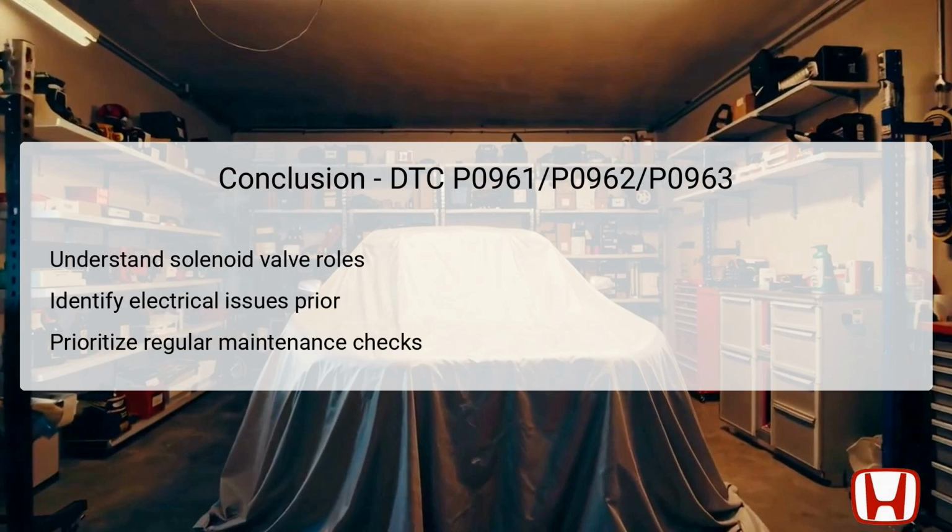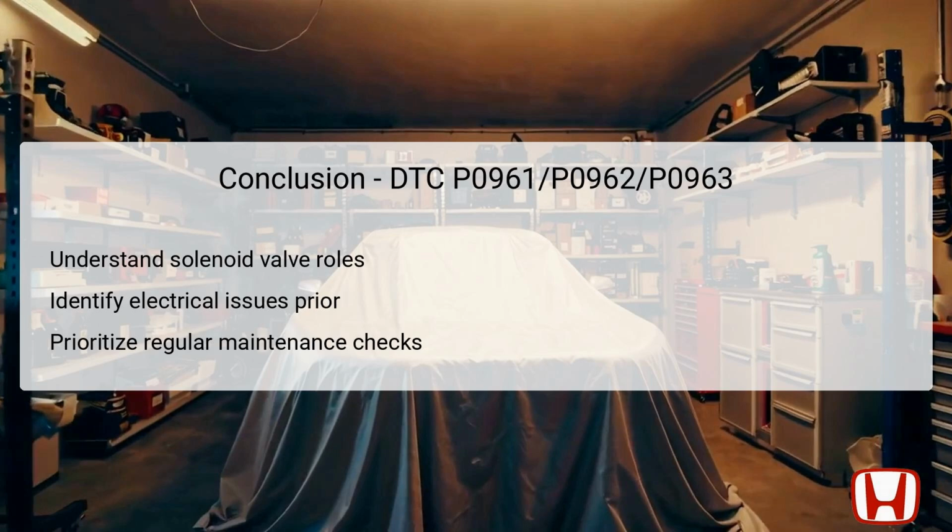In conclusion, addressing DTCs P0961, P0962, and P0963 requires a thorough understanding of the AT clutch pressure control solenoid valve roles and functions. The significance of diagnosing electrical issues accurately cannot be overstated, as these codes are directly tied to the performance of the transmission system.